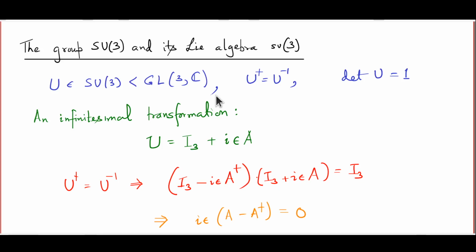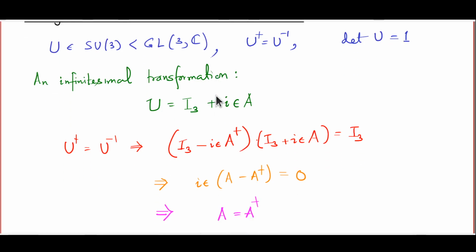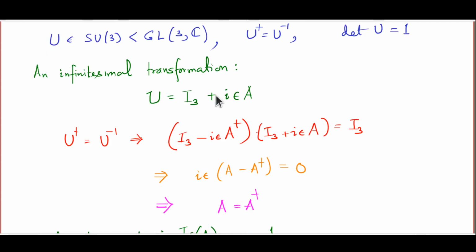So U is taken to be I3, the identity, plus a deviation which depends on the small parameter epsilon, but I write that as i epsilon times another 3 by 3 matrix capital A. And by following exactly the same route as before that we did for SU(2), we can easily show that here this particular form of the deviation implies that A has to be Hermitian, that is, A and A dagger have to be equal to each other.